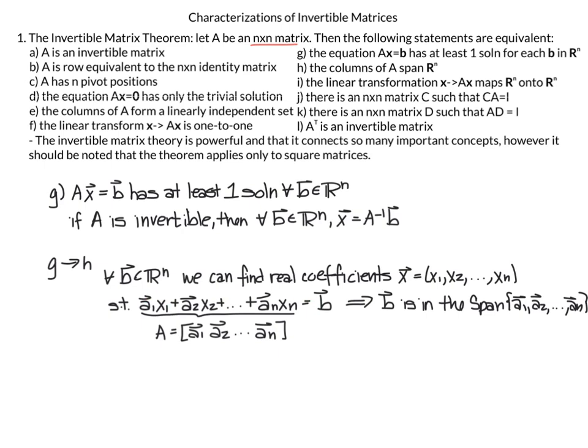So we can find these real coefficients, and then b becomes a linear combination of the column vectors of A, which is exactly the definition of span.